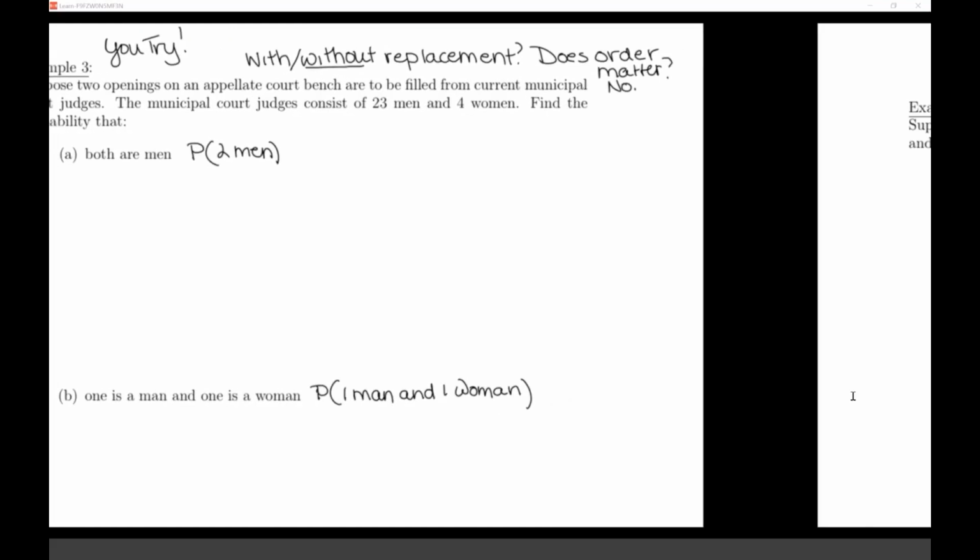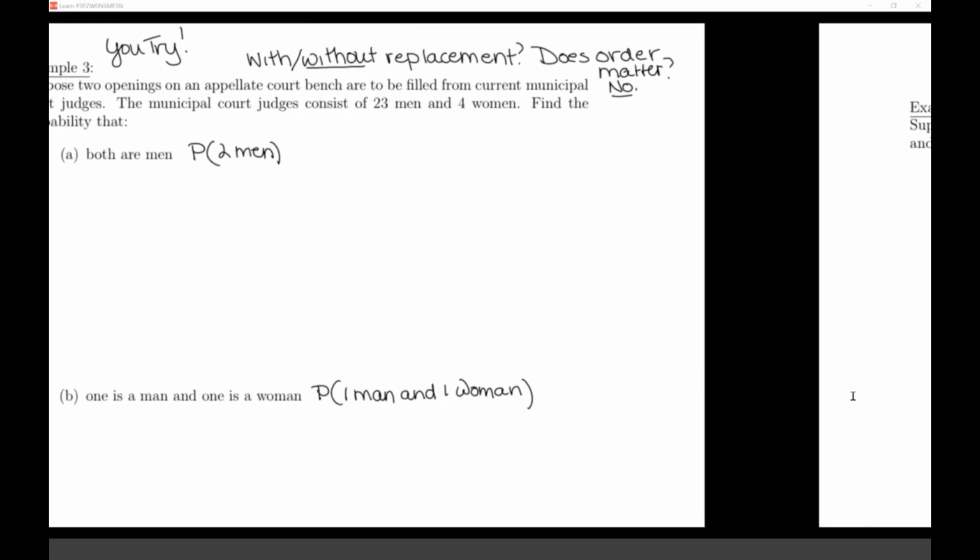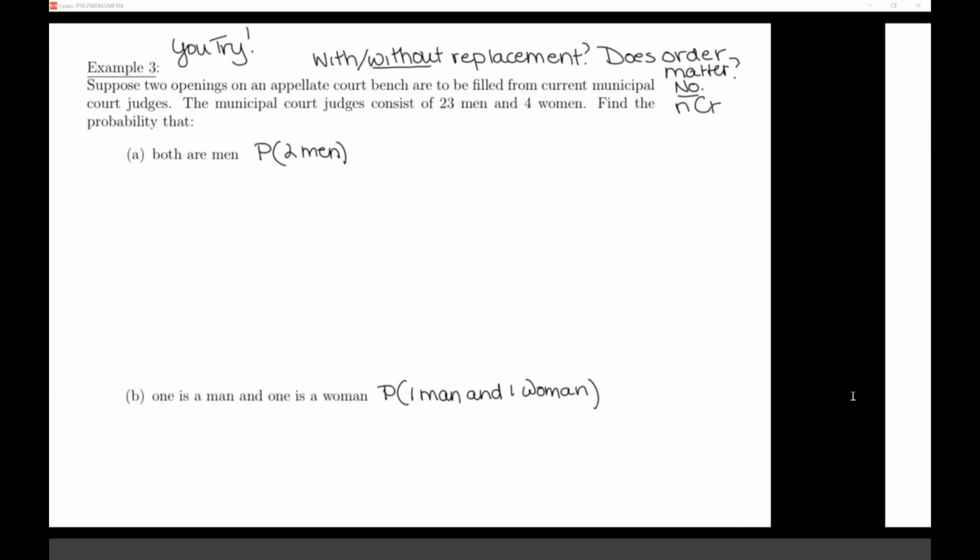So we're sampling without replacement and order doesn't matter, so count with combinations. Again, you try this one. There are two parts, A and B. Type done when you finish.